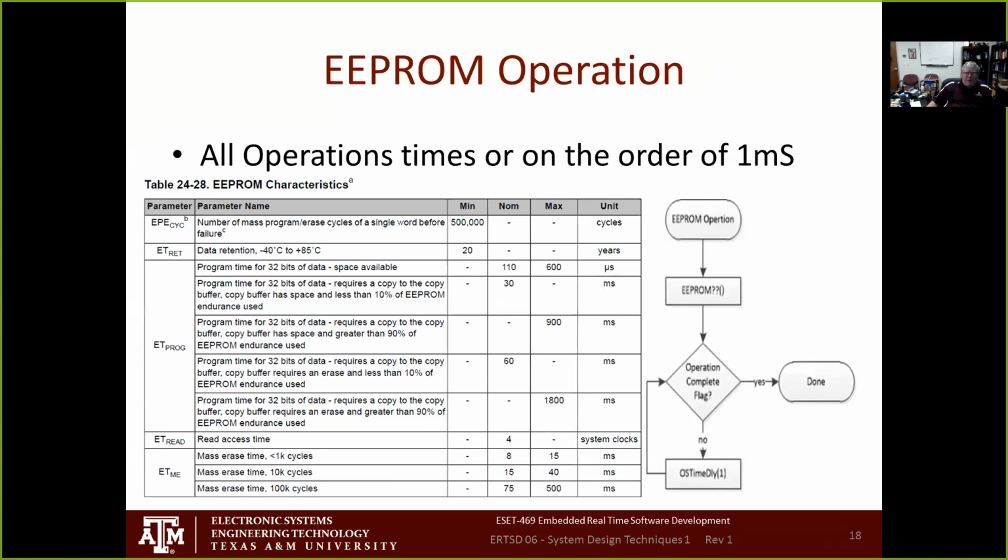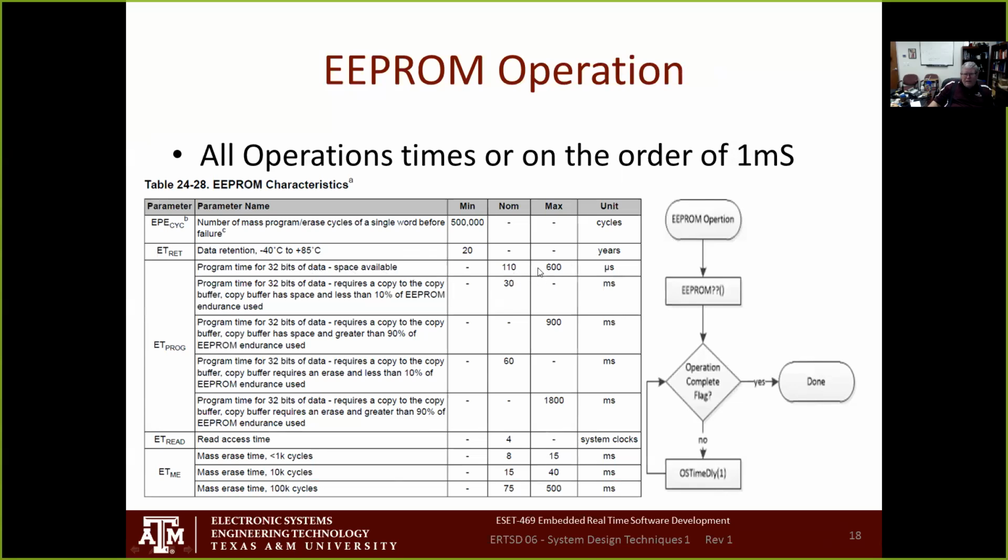And so I pulled up the data sheet for a double EEPROM here. And let's kind of take a look at some of these values. So how long does it take to program data into a double EEPROM?